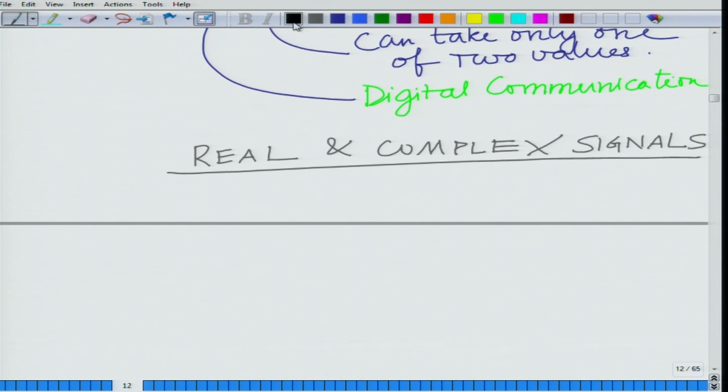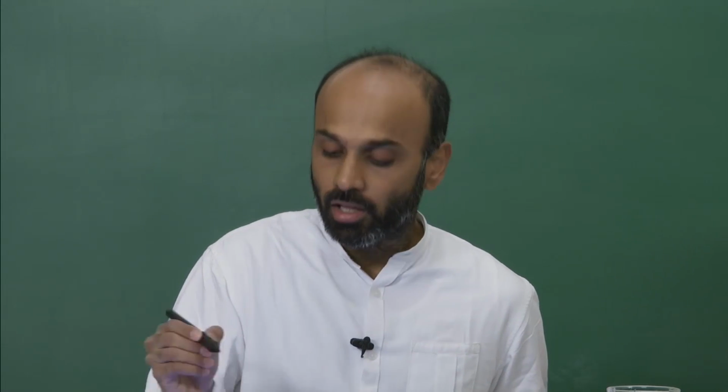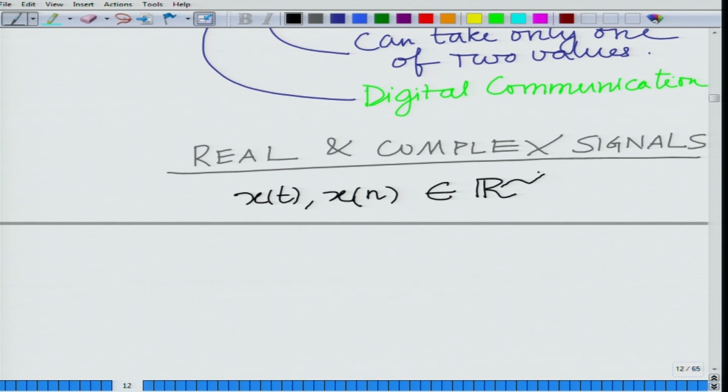Now, this is obvious, a real signal, either a continuous time or discrete time signal, if the values belong to the set of real numbers, that is, it can take only real values, it is termed as a real signal. It can be either a continuous time signal or a discrete time signal. If it takes values belonging to the set of real numbers, it's a real valued signal.